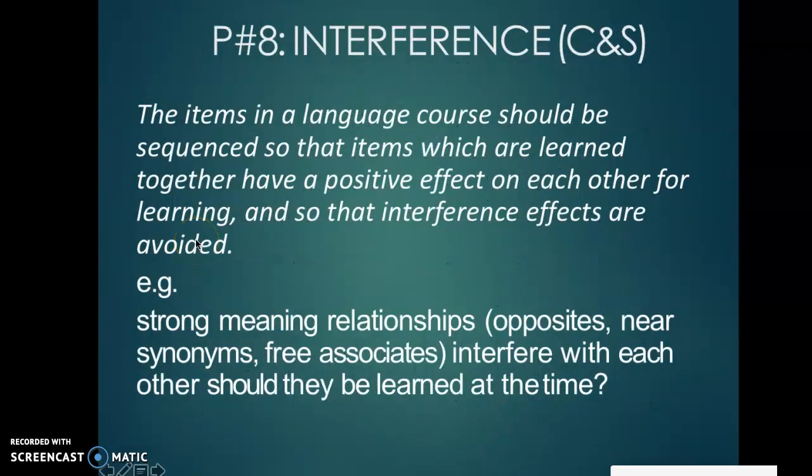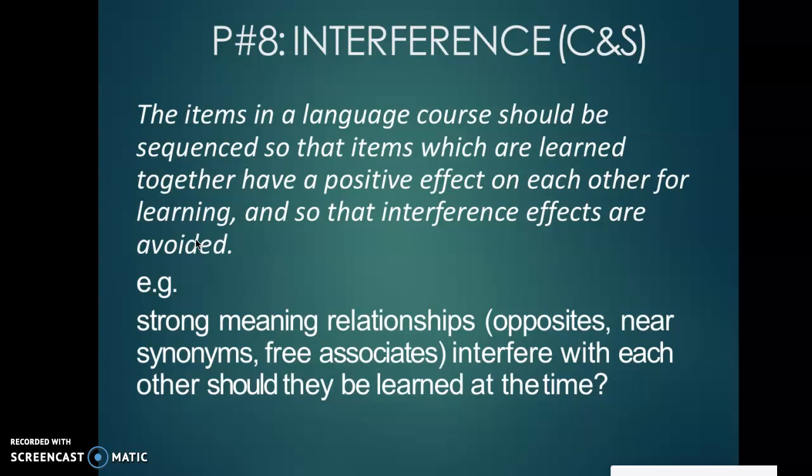And number 8 is the last part in the first principles, interference. The items in a language course should be sequenced so that items which are learned together have a positive effect on each other for learning, and so that interference effects are avoided.